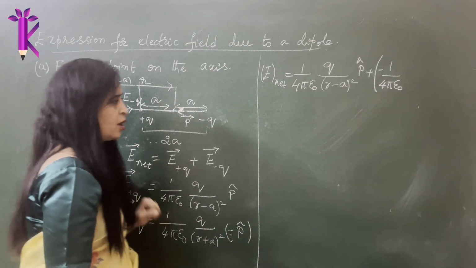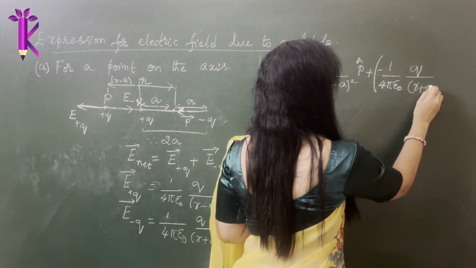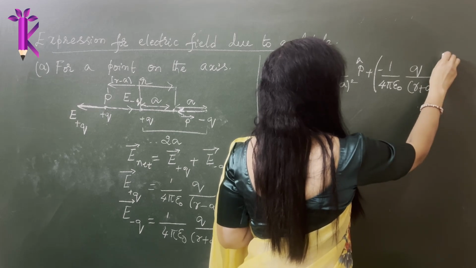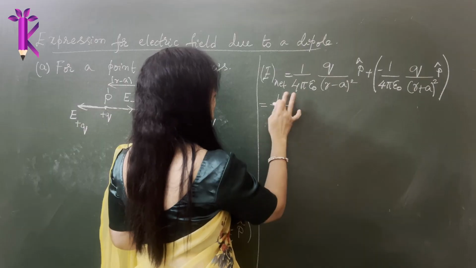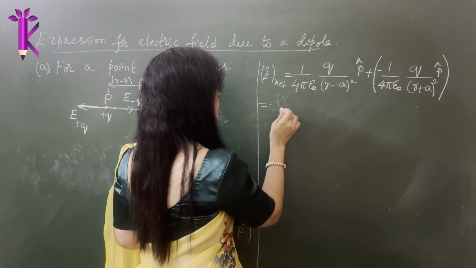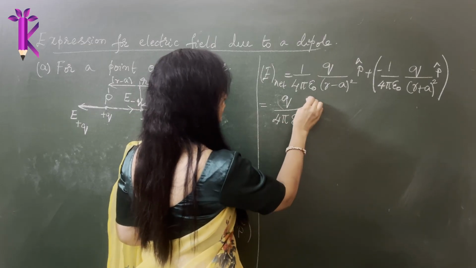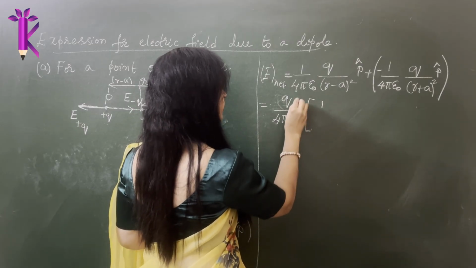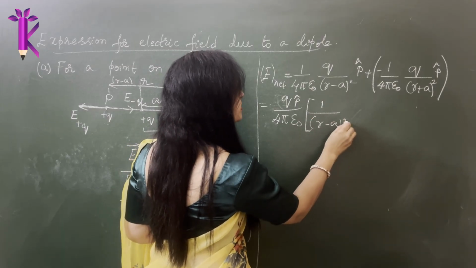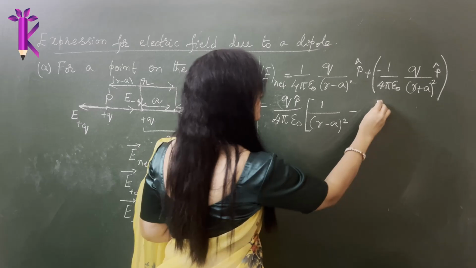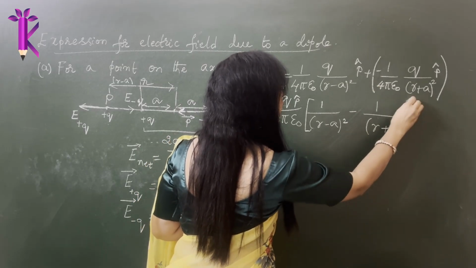So 1 by 4 pi epsilon naught q divided by r plus a the whole square into vector p. Let's take the common terms out. You can take q out. Let's also take 1 by 4 pi epsilon naught out, and you can even take vector p outside. So therefore 1 divided by r minus a the whole square, minus, plus into minus is minus, 1 by r plus a the whole square. Now let's simplify.